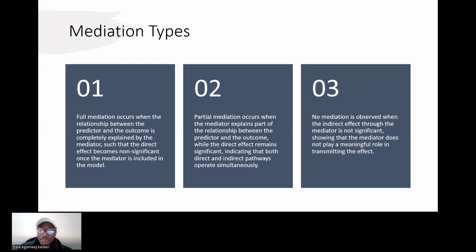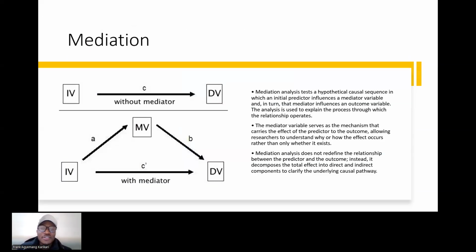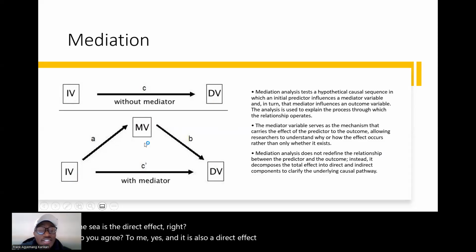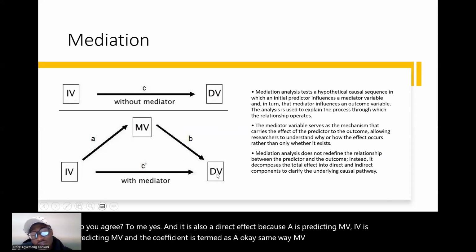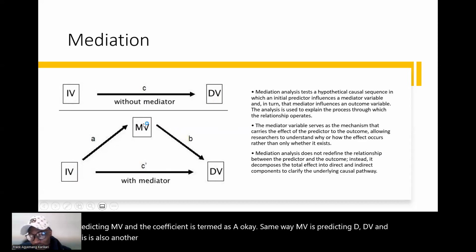The number three. Okay, the C is the direct effect, right? Do you agree with me? Yes. And A is also a direct effect because IV is predicting MV, and the coefficient is termed as A. Same way, MV is predicting DV, and this is also another direct model.